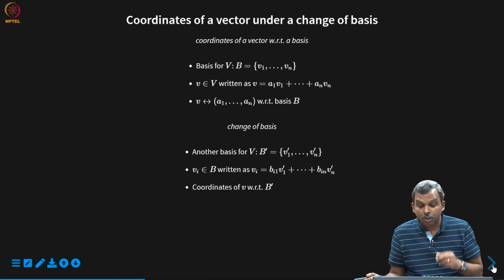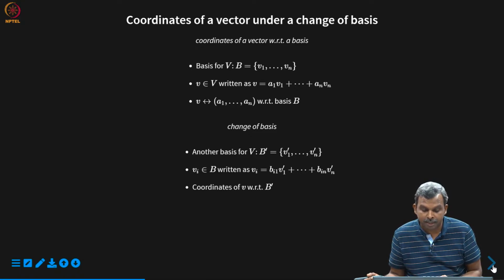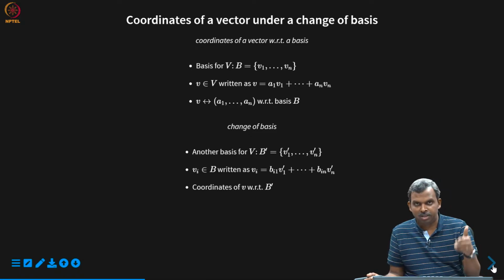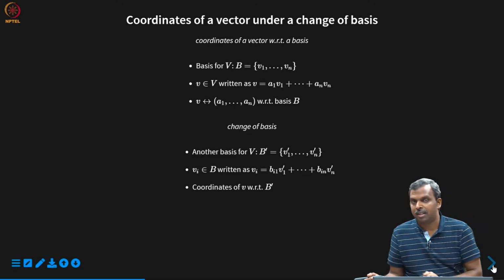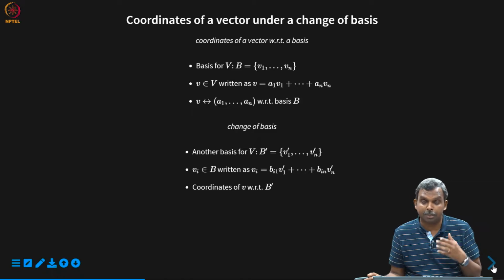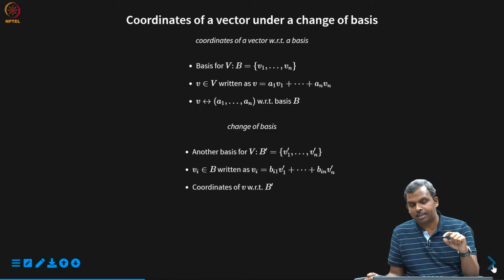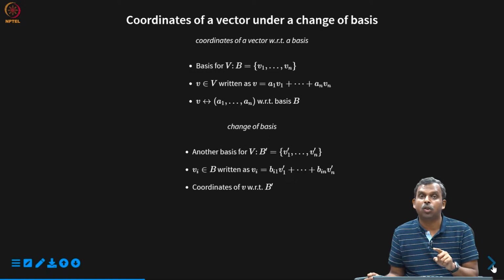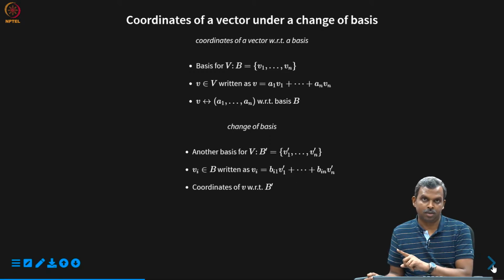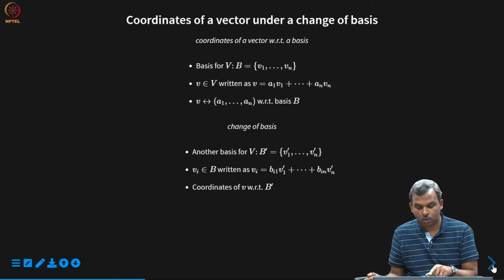Now, what am I doing? I'm going to change the basis. When I change the basis, I have to list out the next basis, which is V1 prime, V2 prime, let's say till Vn prime. I'm calling that basis B prime. Now, the starting point is the original basis vectors V1 to Vn. Each of them can definitely be written as a linear combination of the new basis vectors, so that we know for sure. So let's do that.